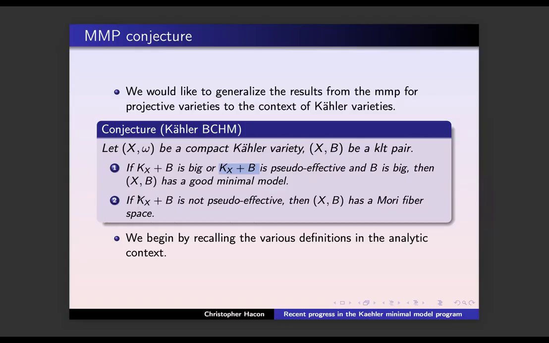On the other hand, if Kx plus B is not pseudo-effective, so I'll recall all of these definitions in the next few slides, then I hope to show that (X,B) has a Mori fiber space. So this is the main result from BCHM in the projective case, and I'm hoping that it's true for Kähler varieties.